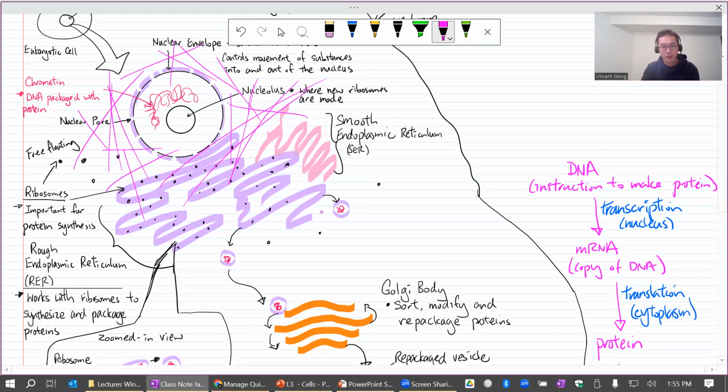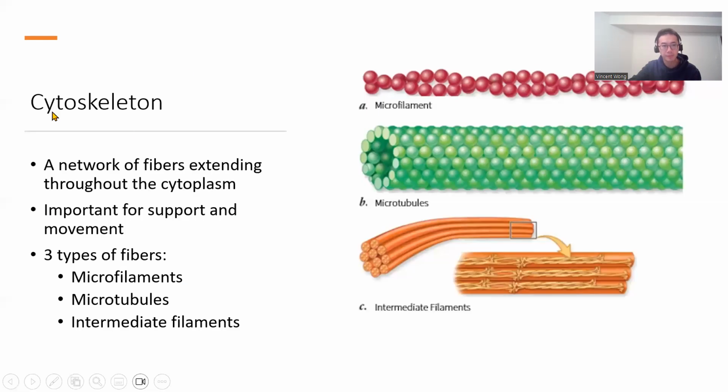And there are actually tracks that these vesicles can travel along, and the tracks will take them to different places. All this network of fibers that I drew here, those are called the cytoskeleton. They are primarily there for support and movement.